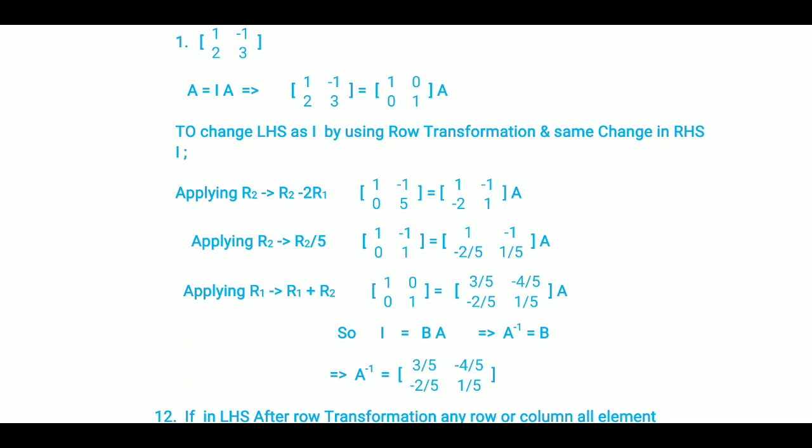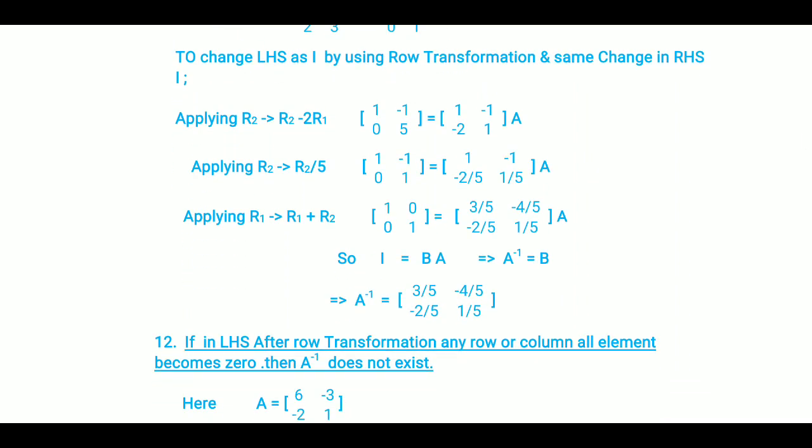R2 remains the same, 0 1. Similar change will be on the right hand side R1: 1 minus 2 by 5, that is 3 by 5, minus 1 plus 1 by 5, that is minus 4 by 5. R2 remains the same, minus 2 by 5, 1 by 5, into A.